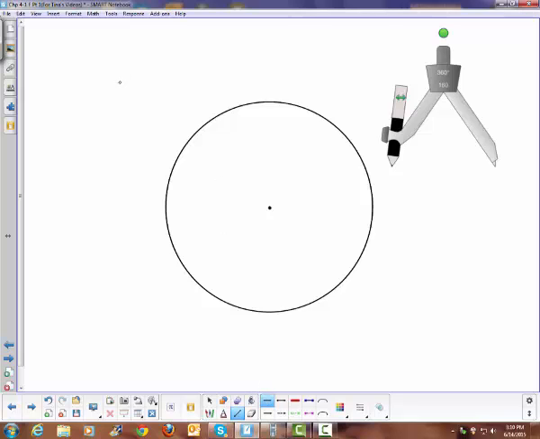One thing neat about it is it always gives you a straight line. And notice if I want it to be perfectly horizontal, it snaps into position. It also allows me to snap a segment to perfect verticalness.